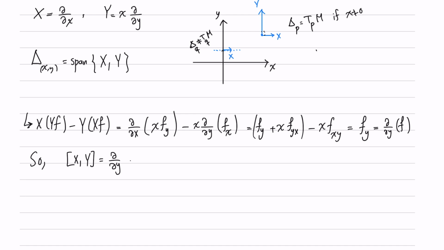And that means along the y-axis, we have X giving us ∂x already. Y doesn't contribute anything, it's the zero vector. However, the bracket does provide the missing direction, so the span again becomes the full tangent space. So the distribution is bracket generating.